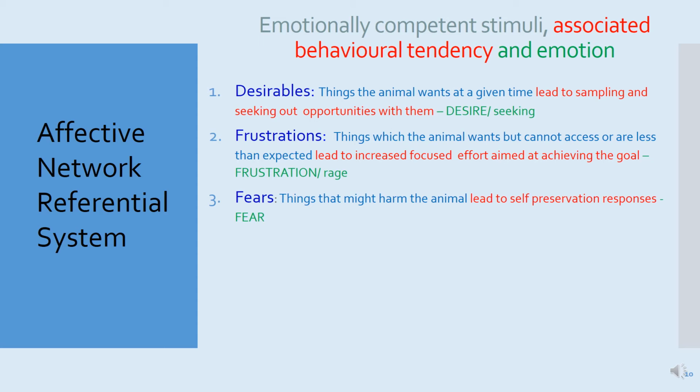Thirdly, we have fears. These are things that are perceived to be potentially harmful to the individual. And they lead to self-preservation responses. I mentioned previously things like fight, flight, and freeze responses, and I refer to this as fear. This will also include states like anxiety, the anticipation of something. And we consider it the same affective network.